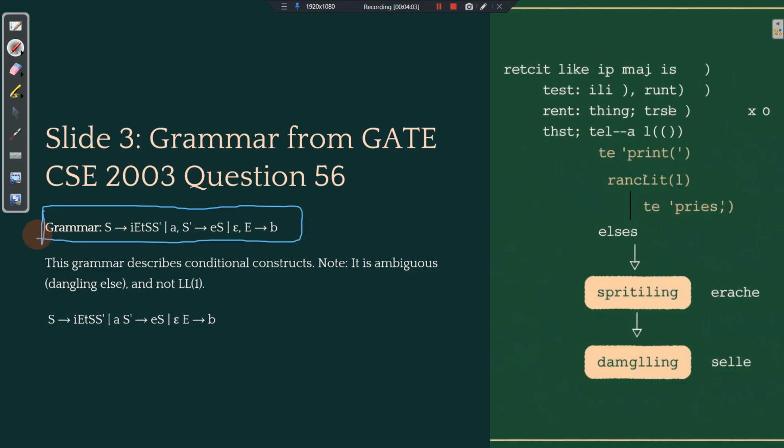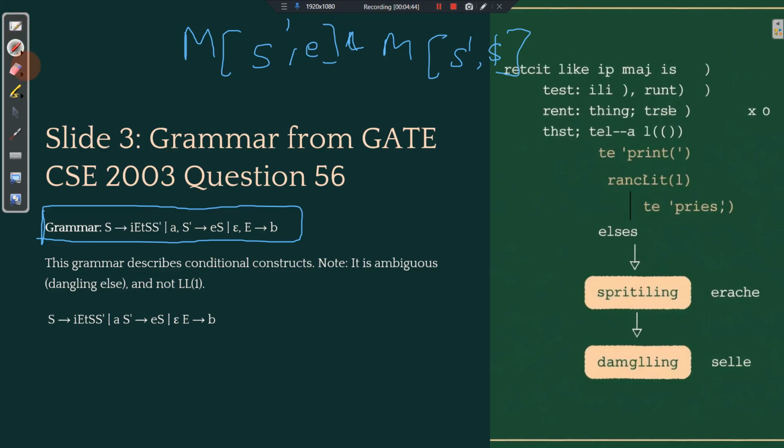In this actual question, we were supposed to find only two entries of the parse table: M of S dash comma E, and M of S dash comma dollar. But we will make the whole table for practice.